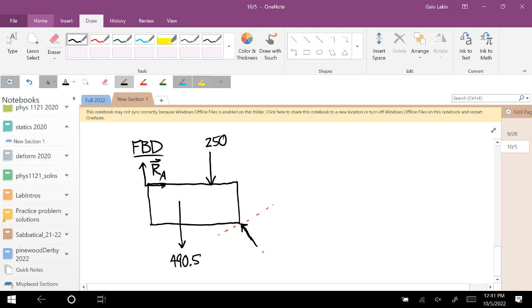We know the direction of that force, but we don't know the magnitude, so I'll call that RB. For that force RB, could that come out positive or negative, or does it have to be positive? Either way, for a pin and slot joint.